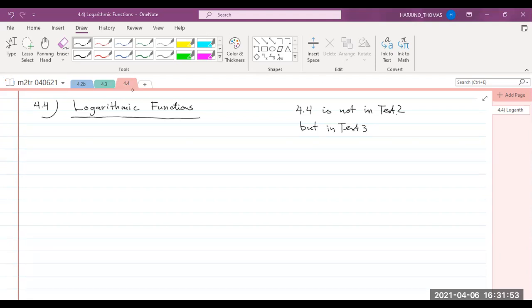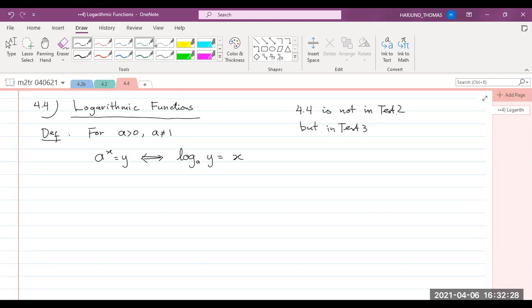Oh, the one I need to emphasize is the definition that if we have a positive and not equal to 1, a to the x equals y is equivalent to log base a of y equals x.